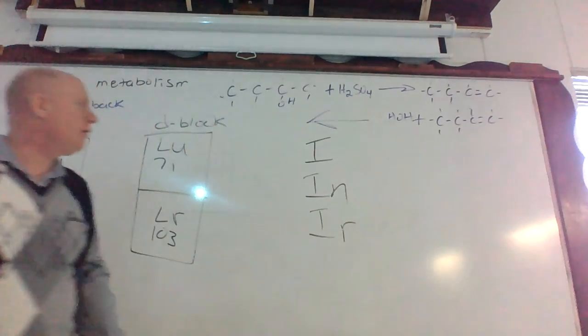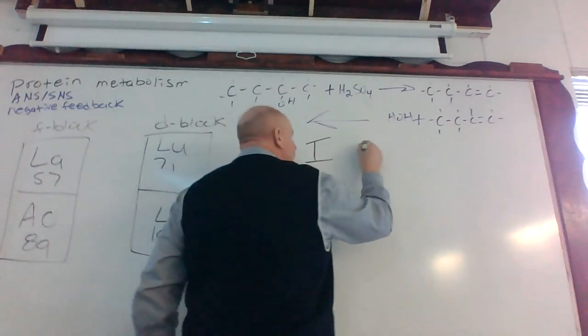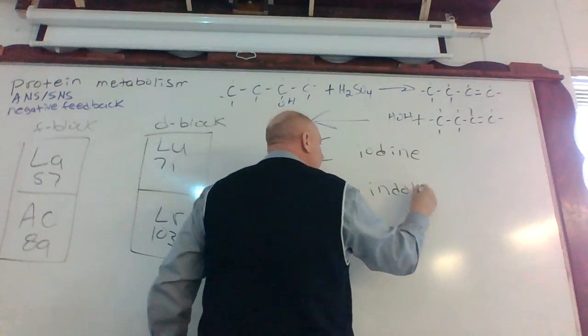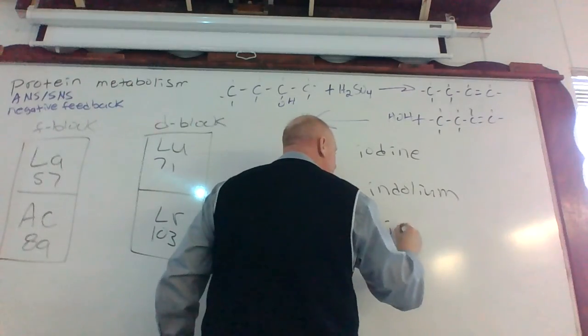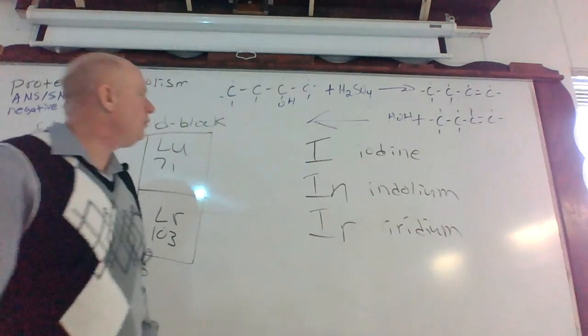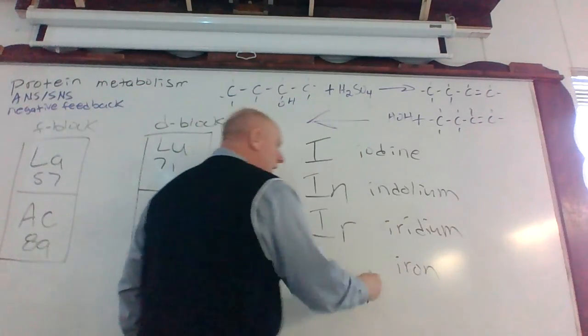okay, those three abbreviations, which one of them is iron? None of them. None of them are iron. Okay? Because this is iodine, this is indolium, and this is iridium. But then when we look at iron, well, why can't it be just I?